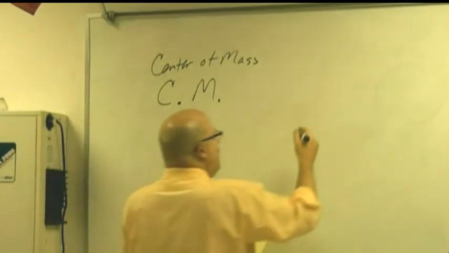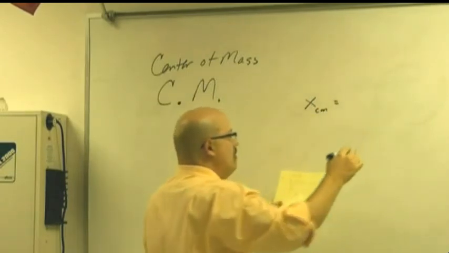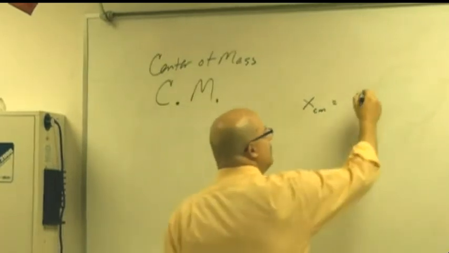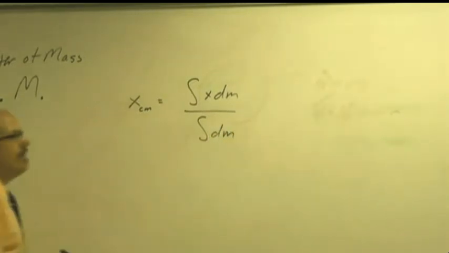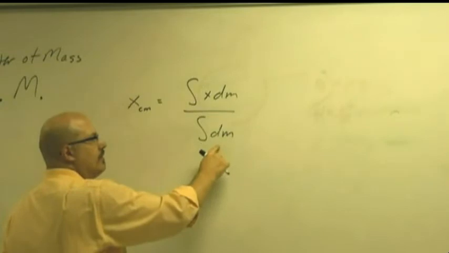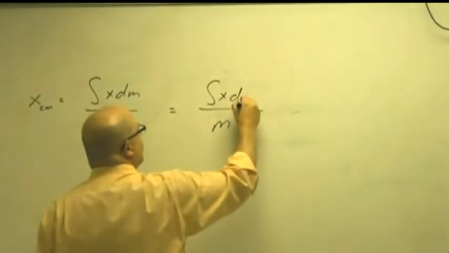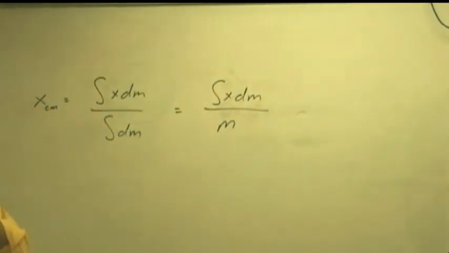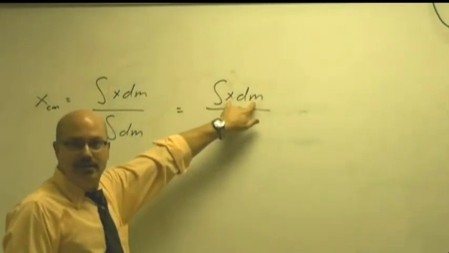Here's how you find the center of mass. The x dimension of the center of mass is equal to, here's the calculus version: the mass, the distances of all the mass parts, the sum of the mass times their location summed up.